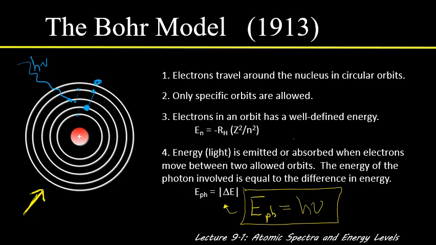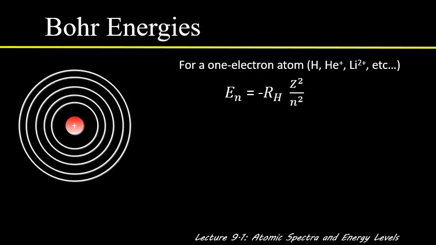So let's look at the Bohr model. One of the things that we found early on is that the Bohr model only works well for atoms with one electron. So a hydrogen atom with one electron or a helium ion.